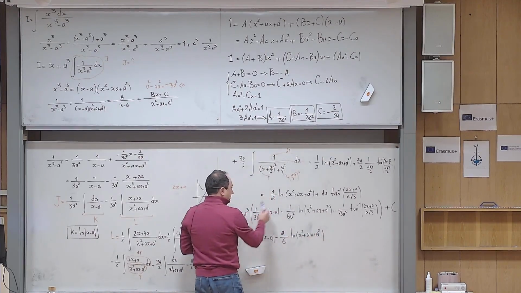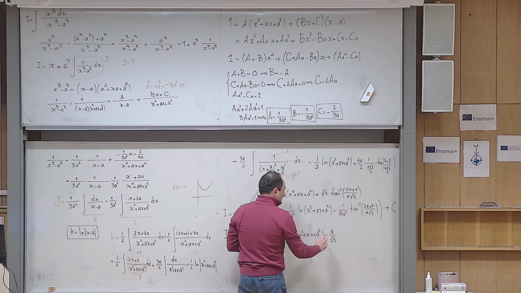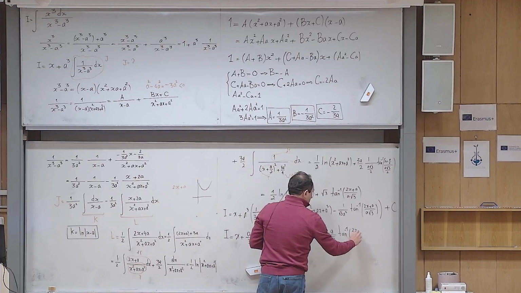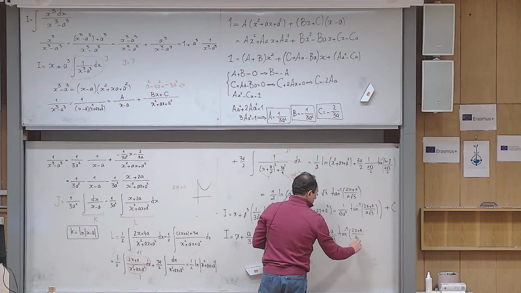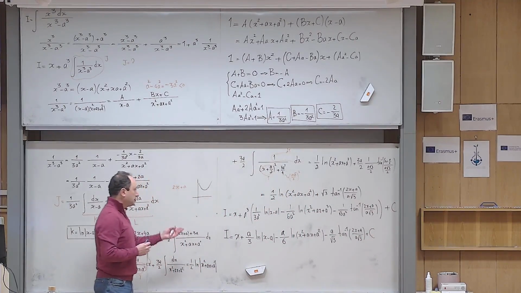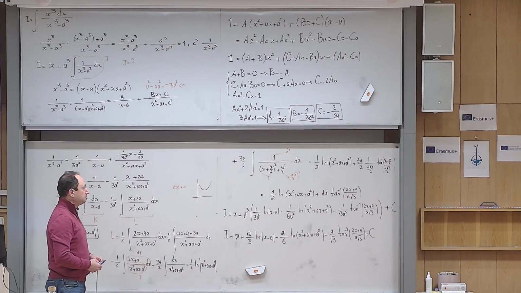And then finally I multiply this there, it becomes minus A over square root of 3 tan inverse of 2x plus A over A square root of 3 plus a constant C. Okay, and that is the answer that we are supposed to get for this problem.